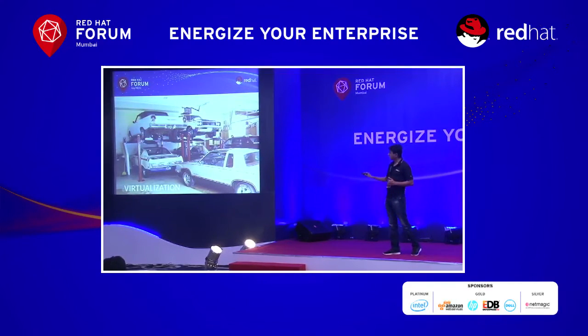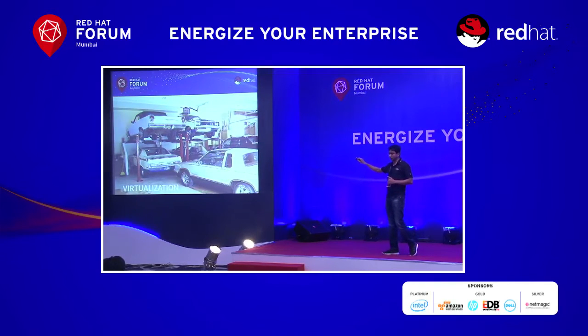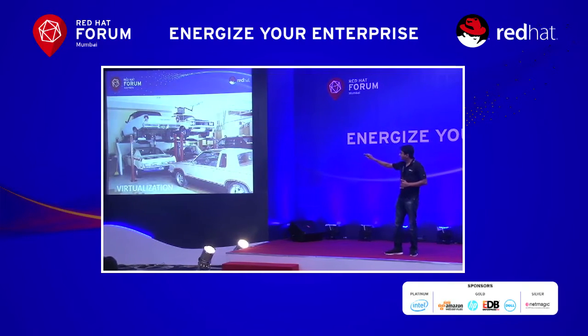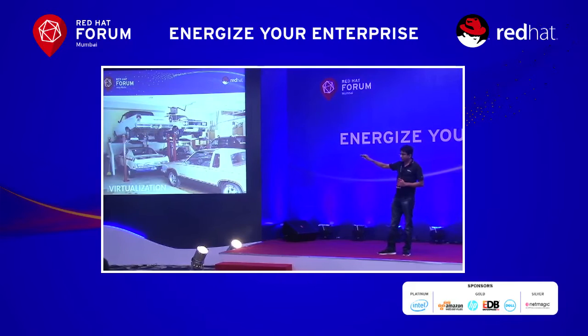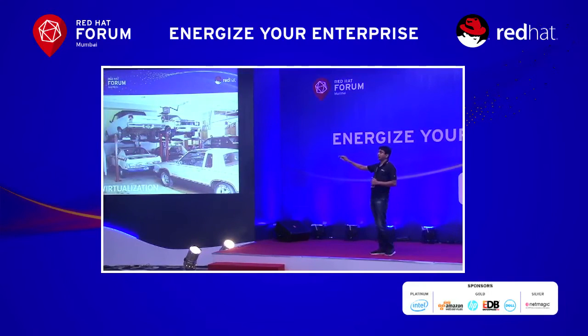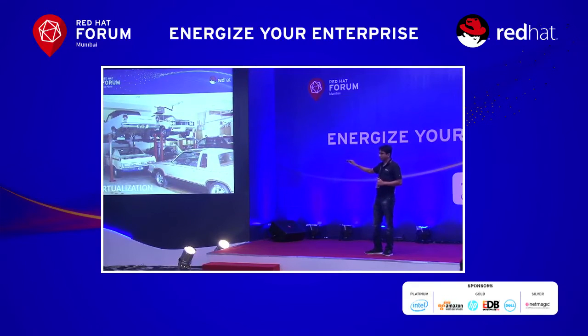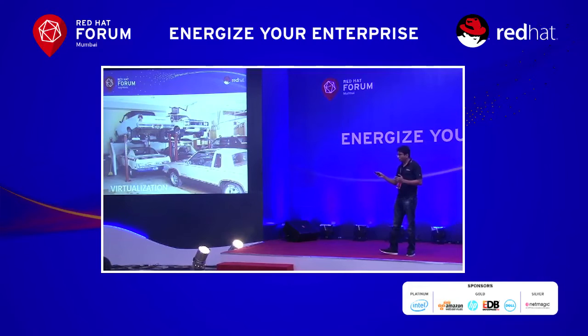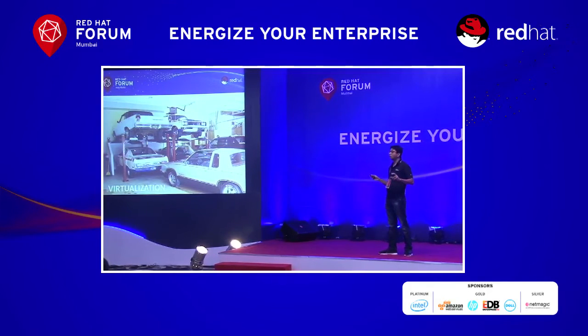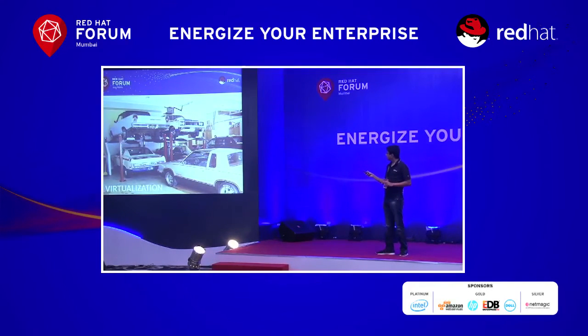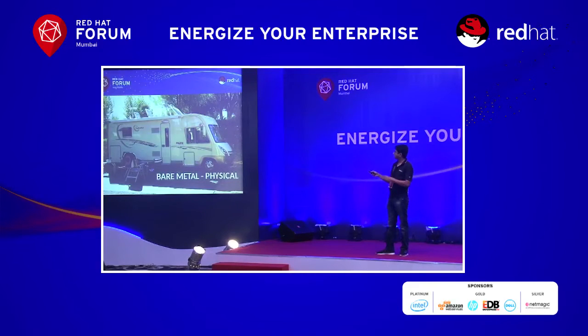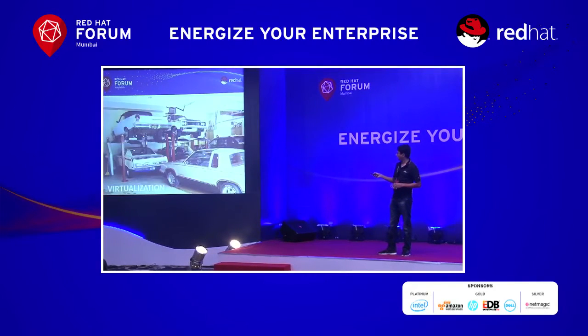When you think of virtualization, you have a large number of cars. Every car has a dedicated engine, right, which is very similar to a dedicated guest operating system per VM. The overall footprint of all these VMs together can be similar or even greater than the overall footprint of a bare metal server, which is represented in the form of a truck over here, right?